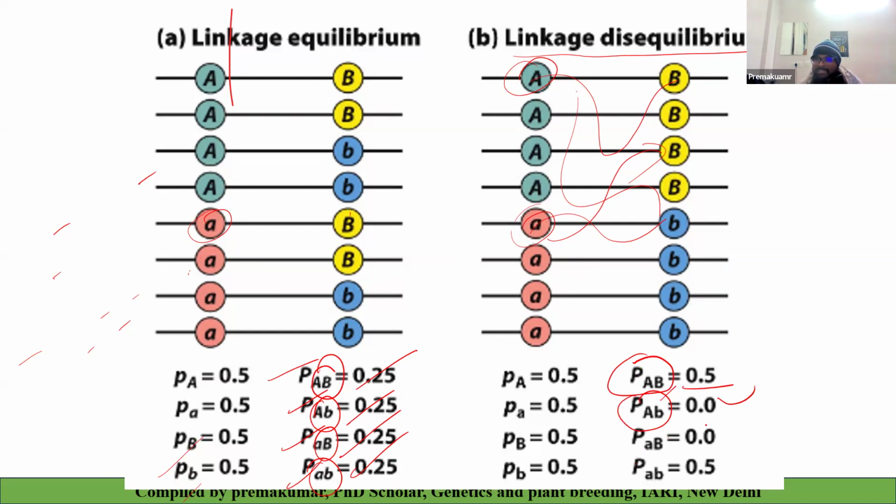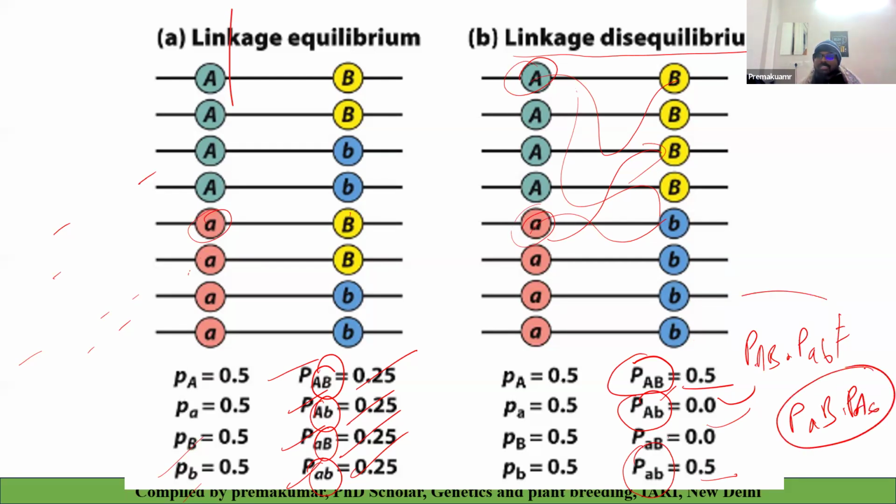The probability of small a capital B is 0, because small a never goes with capital B. But the probability of small a small b is 0.5. Here, P of AB and P of small a small b is not equal to the recombinants, P of A small b and P of small a capital B. This situation is called linkage disequilibrium. It may exist either in genes which are linked or genes without linkage.